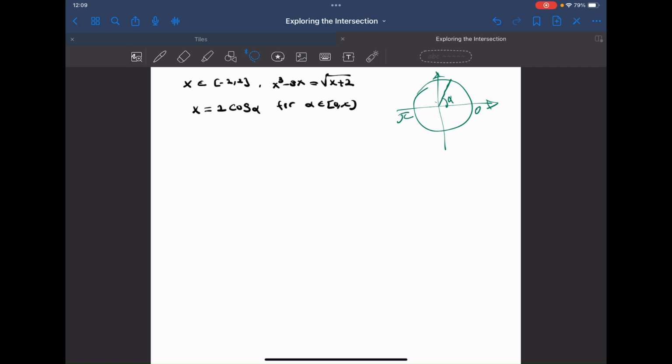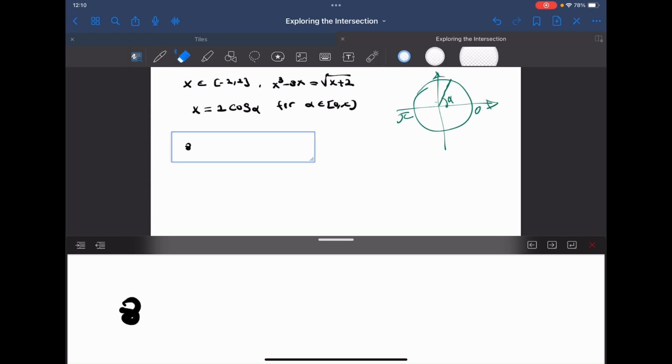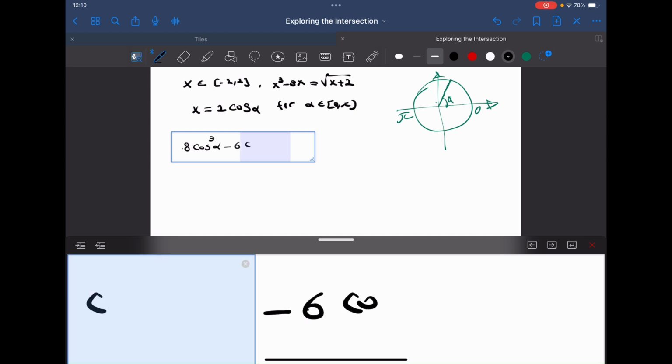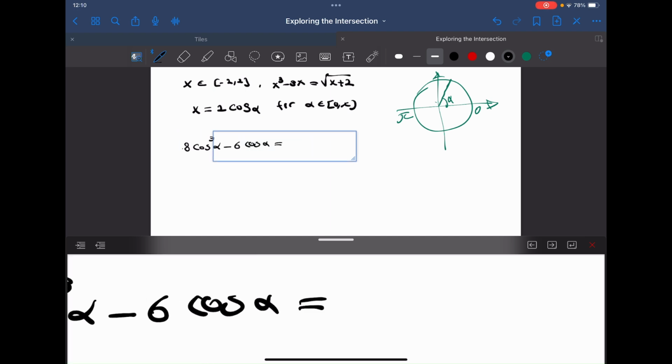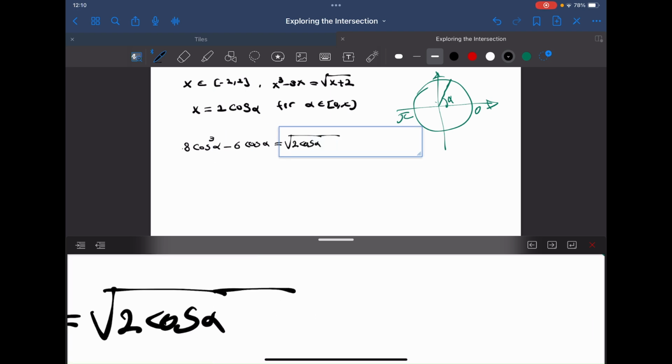Okay, so then I have what? Let me rewrite the whole thing that I have here using this representation. Let me actually make this smaller a bit. I have 8 cosine of alpha to the power of 3 minus 6 cosine of alpha is equal to root of 2 cosine of alpha plus 2.